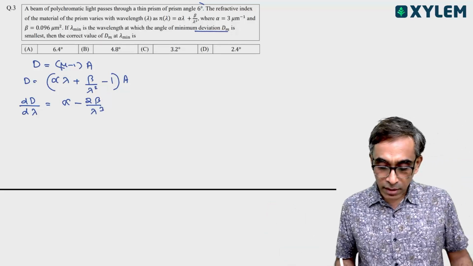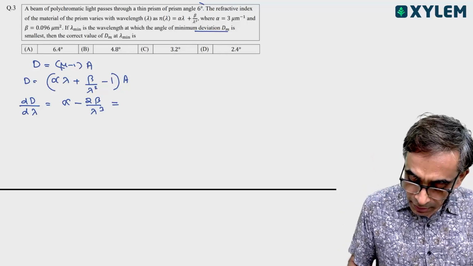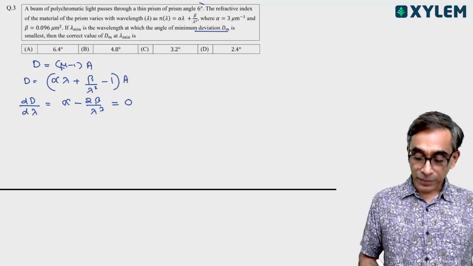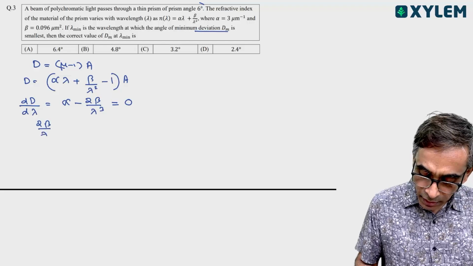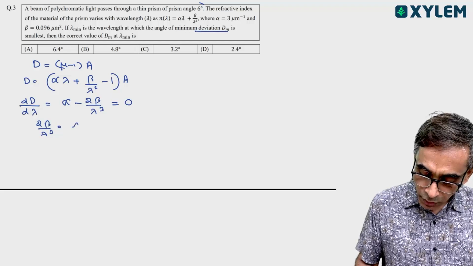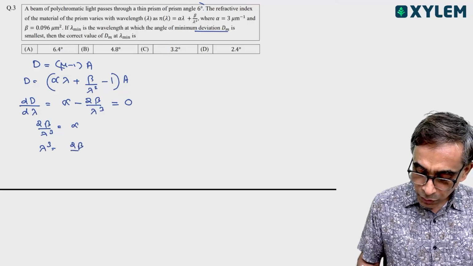Rest are constants. And for the minimum condition, this should be equal to 0. From this, I'll get 2 beta by lambda cube equal to alpha, or lambda cube equal to 2 beta by alpha.